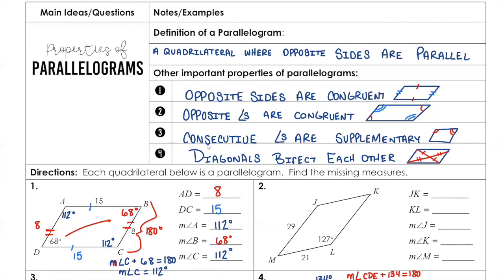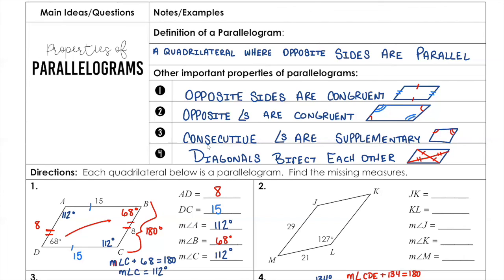In a parallelogram, opposite angles are congruent. So the vertices across from each other are congruent. Consecutive angles, meaning they share a side, are supplementary. What's it mean to be supplementary? Their sum equals 180.